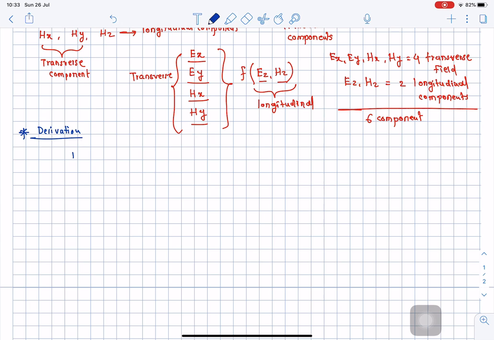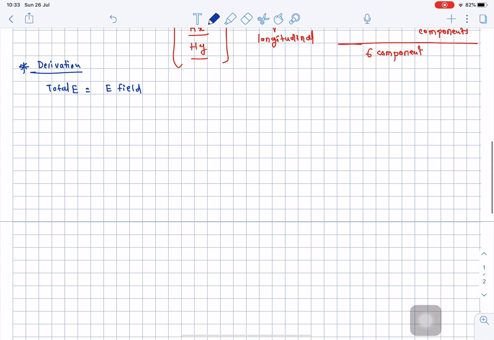Let us say the total electric field is given in terms of the electric field in the transverse direction plus the electric field in the longitudinal direction.